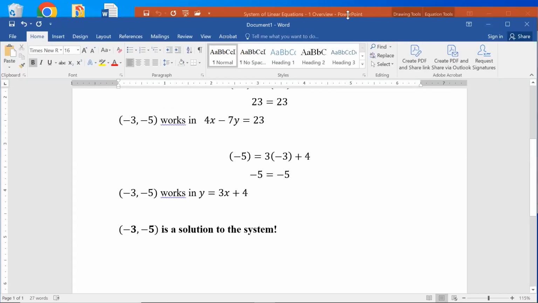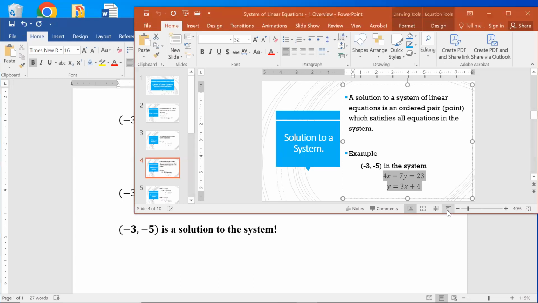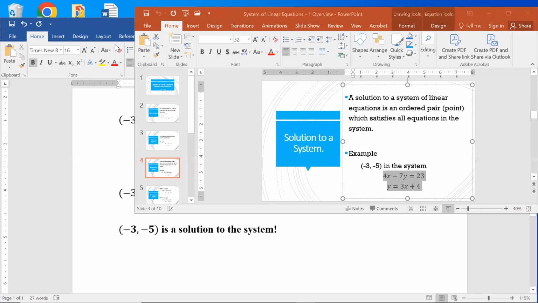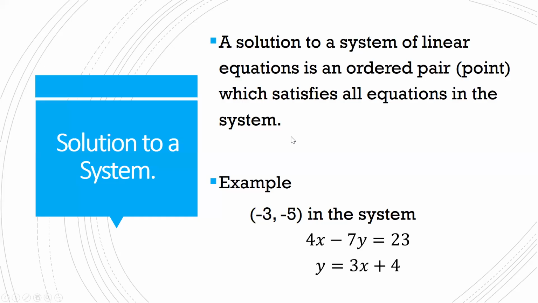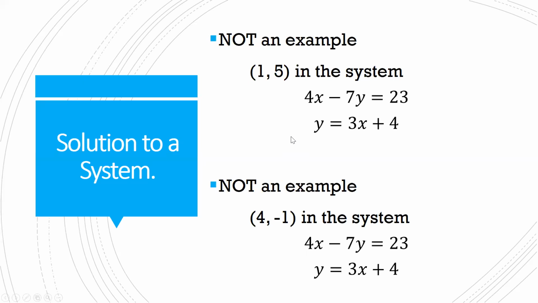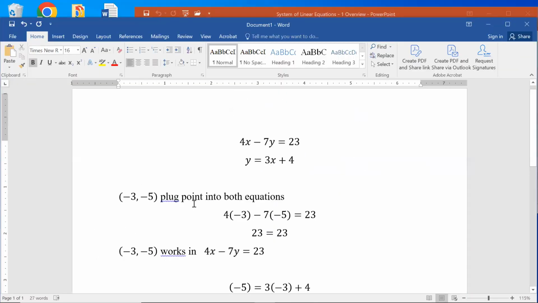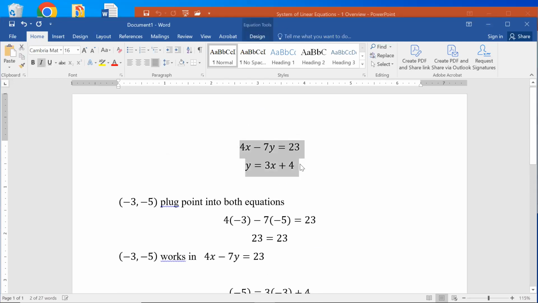Now, what is not a solution? Let's check out some other points. Let's check out the point 1, 5 in that same system and the point 4, negative 1 in that same system. So we go back to our system.